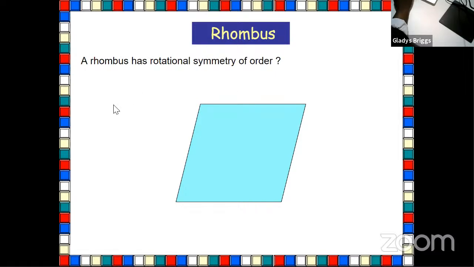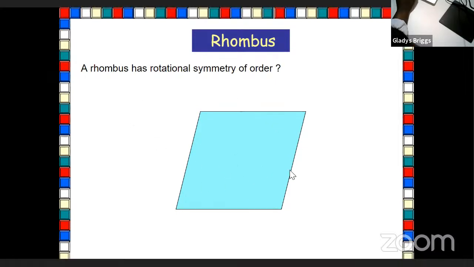Well done, Naji. I think by the time it's 180 degrees, it would have turned back onto itself. This place would have been down here and it would be the same thing. So I think it's 2 times.